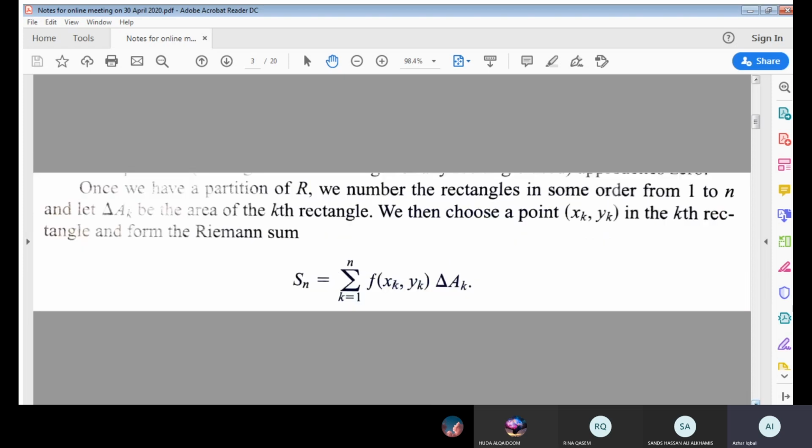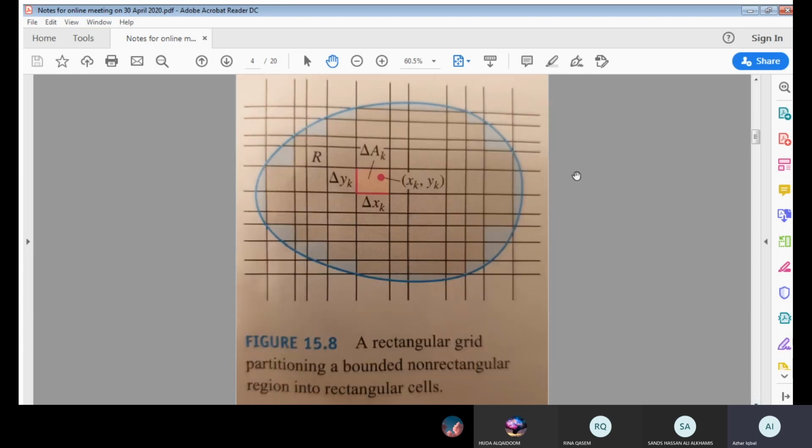So as before, what we do is partition the region into a number of rectangles in the same way that we did before. If you remember, in the last lecture what we did was partition a rectangular region. Here the region is different. It is a non-rectangular region over which we are trying to find the double integral.